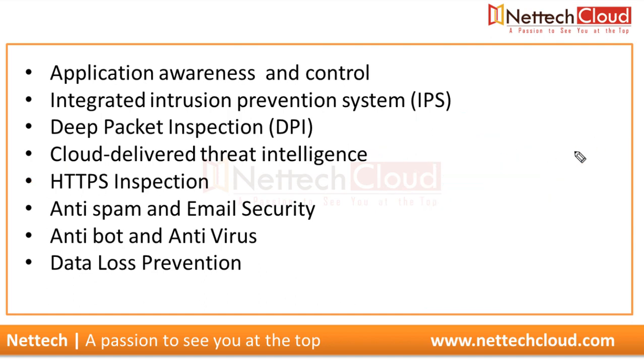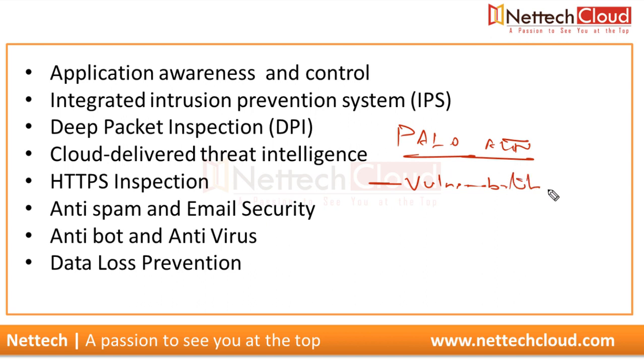For example, in Palo Alto firewall there is a vulnerability protection profile, right? With the help of this vulnerability protection profile, we can mitigate attacks like SQL code injection, cross site scripting attack, and other scripting attacks in fact, right?